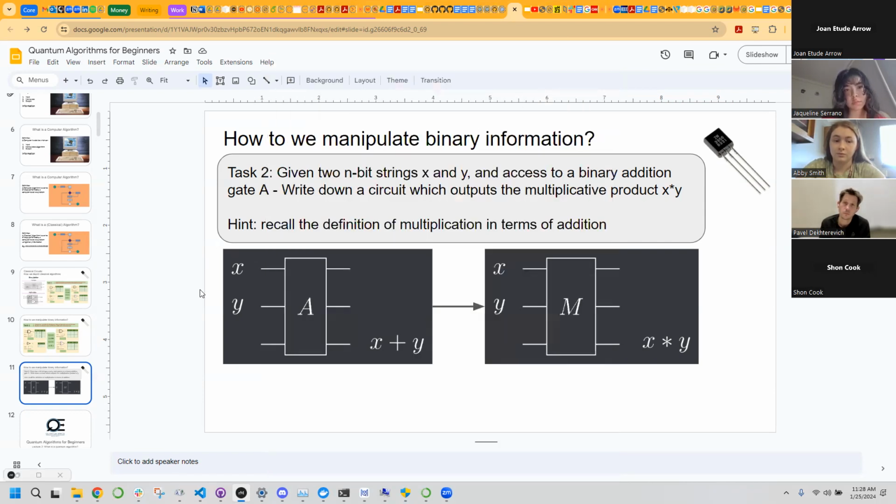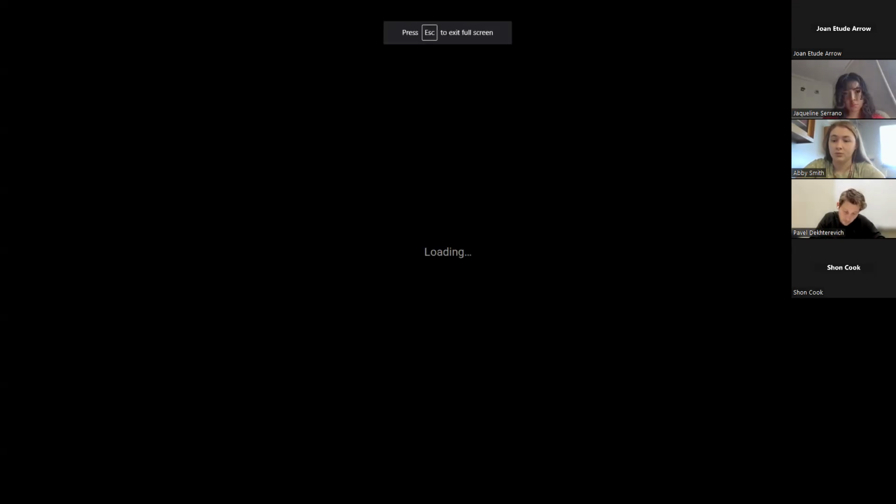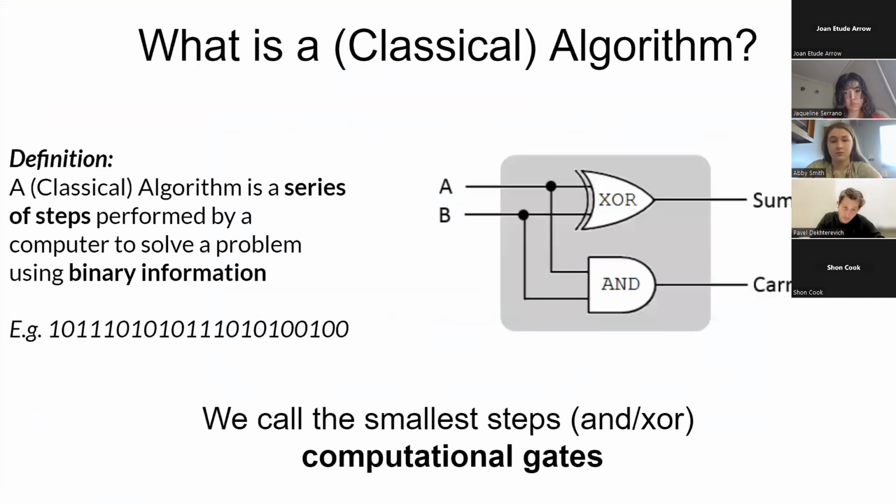Did other people get that, or any questions about this before we get into the meat for lecture 2? Cool. Well, so we're going to get into using these logic gates and understanding how they manipulate information. So just recap the definition of a classical algorithm. It's a set of gates or series of steps.